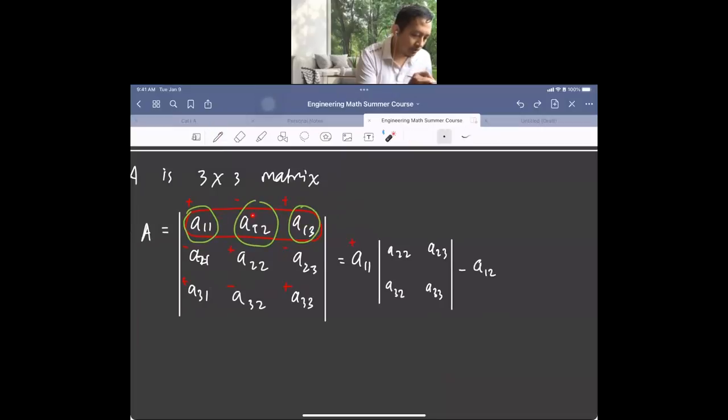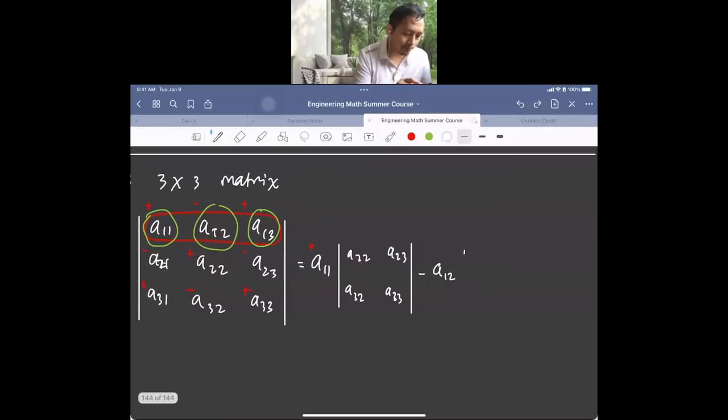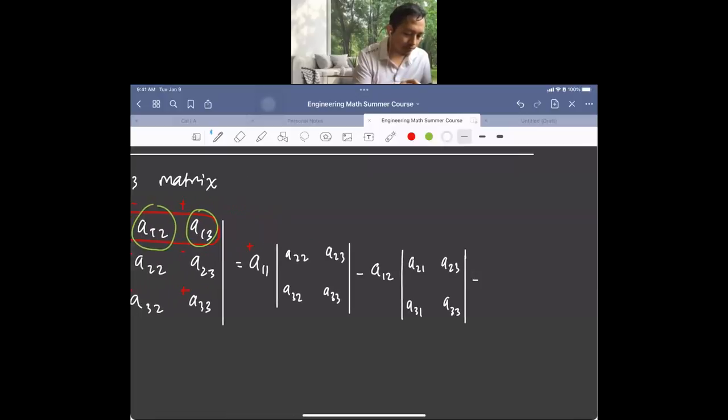So for A12, cover its row and column. We have A21, A23, A31, A33.